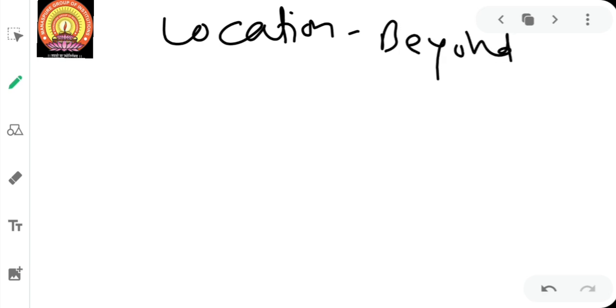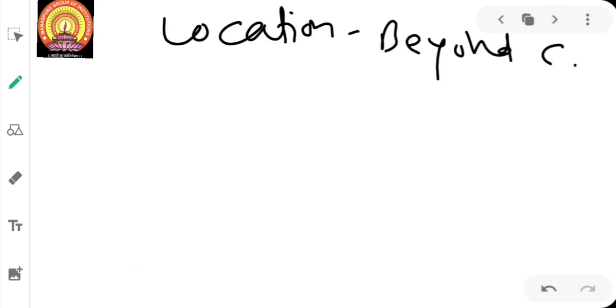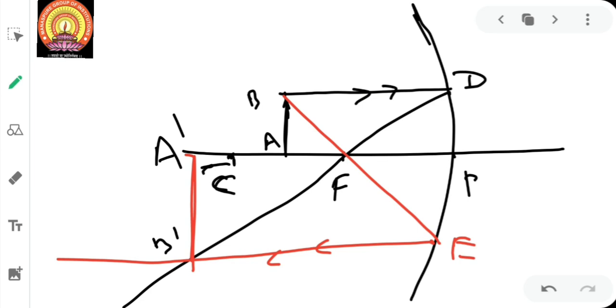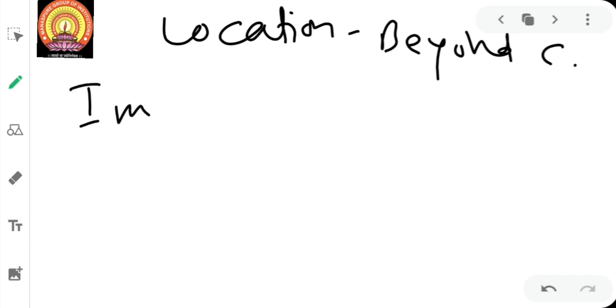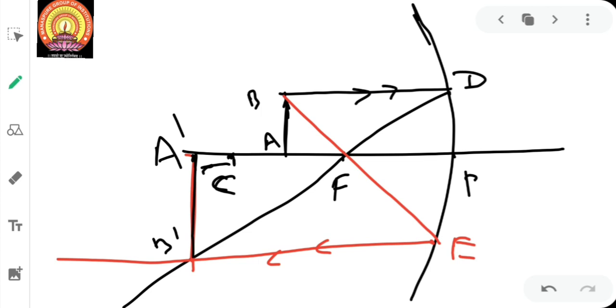So what would be the nature of the image? Then we can say that the location of the image is beyond the center of curvature. See, you may see over here, beyond the center of curvature. And the nature of the image, how is it? We have got the image, we can see this image. Can we see the image? Yes, we can. So therefore we can say the image is real. But another important thing is that the image is not erect, it is not in upward direction, it is in downward direction.